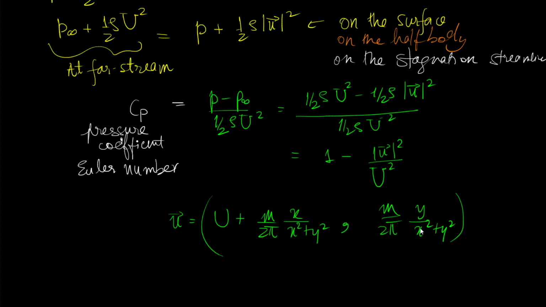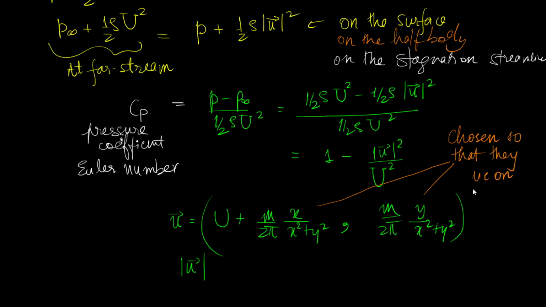So this is how the velocity is. Now you can take mod u as square root of this square plus this square, and you can substitute this. Now the important thing is x and y are not randomly chosen. x and y are chosen so that they lie on the stagnation stream function.